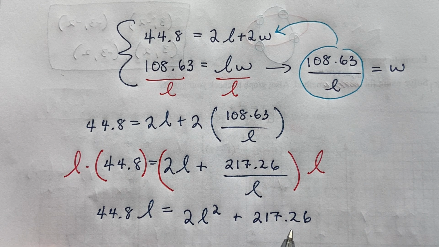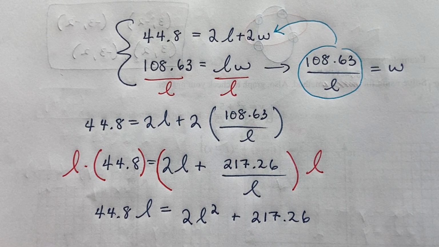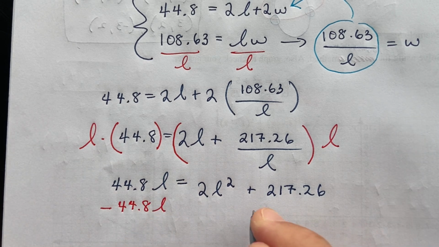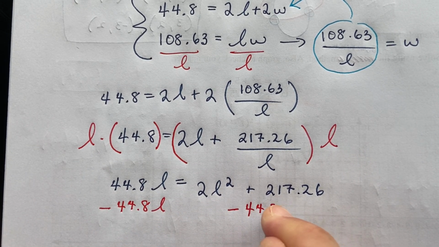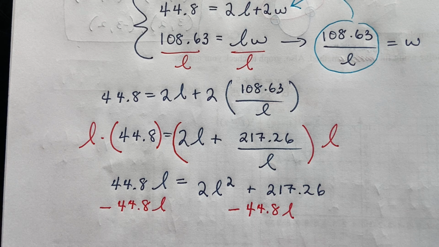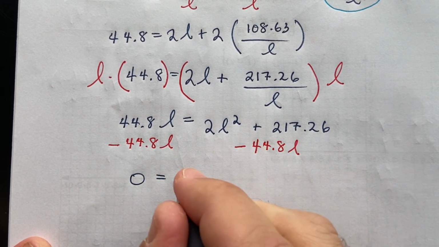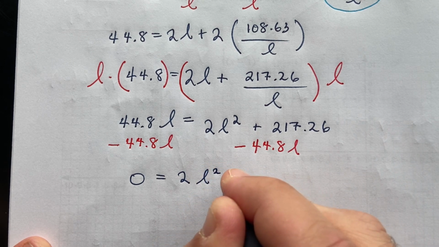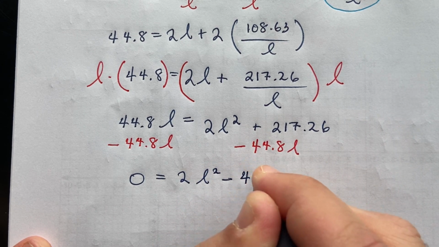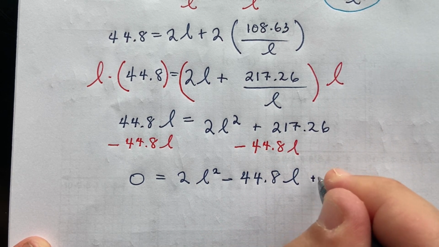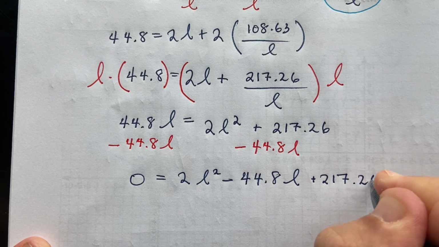And it looks like I have a quadratic in the variable L. I'm going to go ahead and subtract 44.8 L. So 0 equals 2L squared minus 44.8 L plus 217.26.